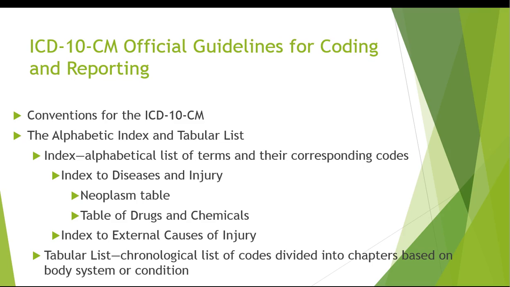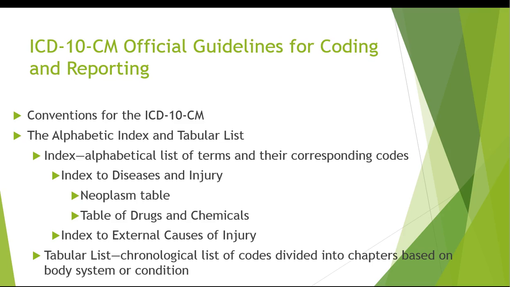Section 1 has the conventions of ICD, and these are just the general rules for using the coding manual and giving you the guidelines. These conventions are incorporated within the Alphabetic Index as well as the tabular list in your ICD, and you'll see those as instructional notes.